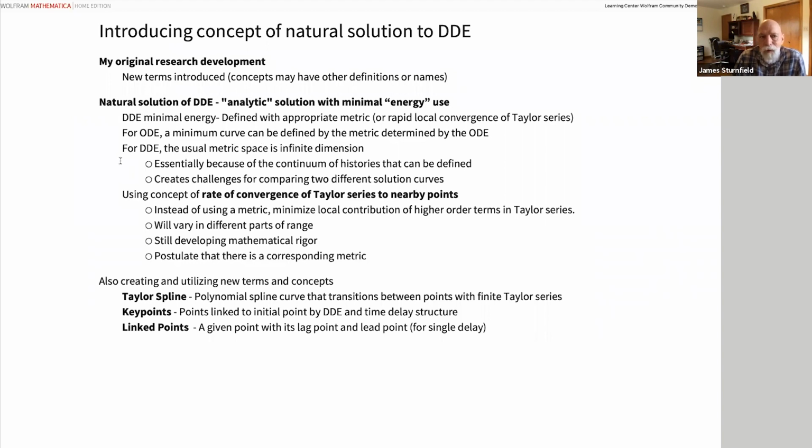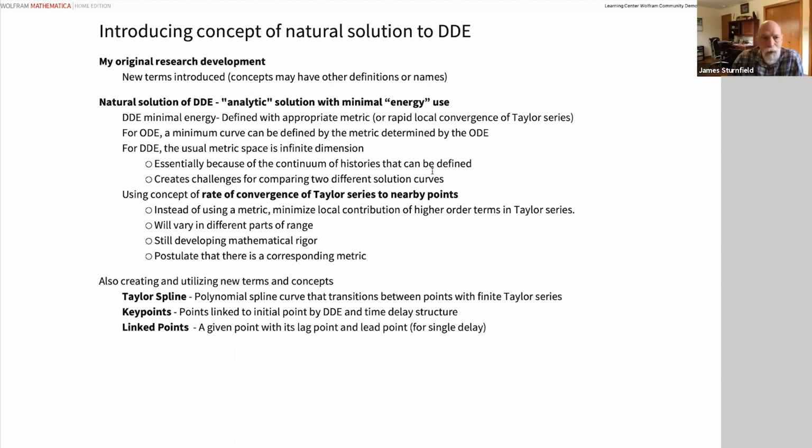The problem is that these DDEs are really an infinite dimensional metric space because we have a continuum of histories we can define. There are challenges for trying to get this to compare to two different solutions.